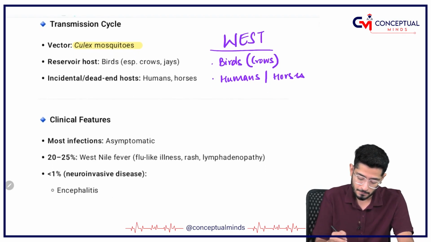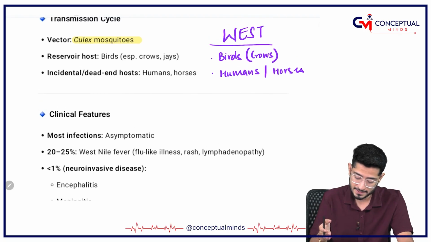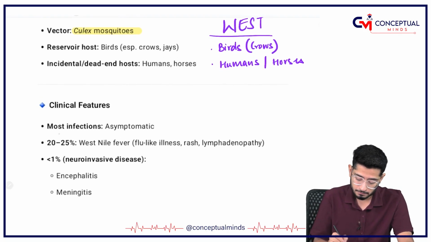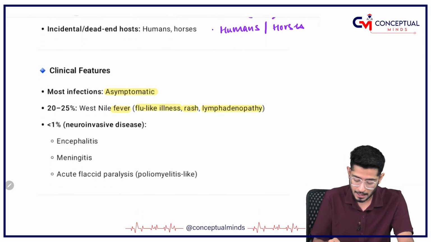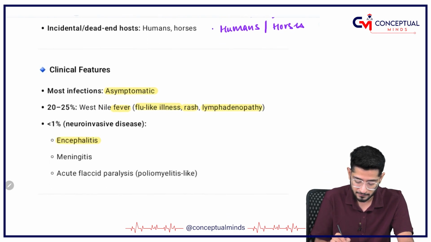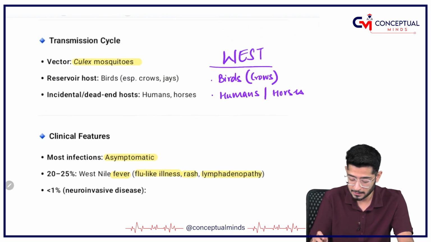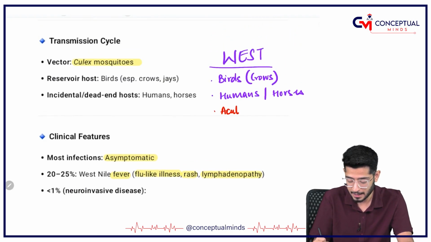Okay, remember in West Nile fever, most people are asymptomatic, whereas some have flu-like fever, illness, rash, lymphadenopathy, and in less than one percent of them they develop encephalitis, meningitis, and acute flaccid paralysis also. This is very important, that they might develop acute flaccid paralysis as well.